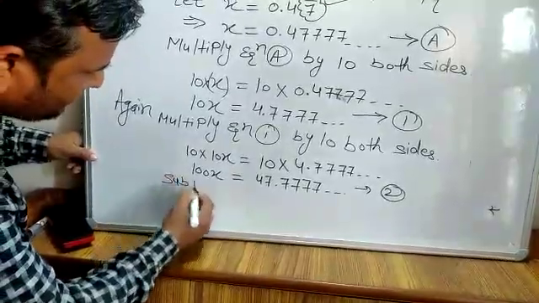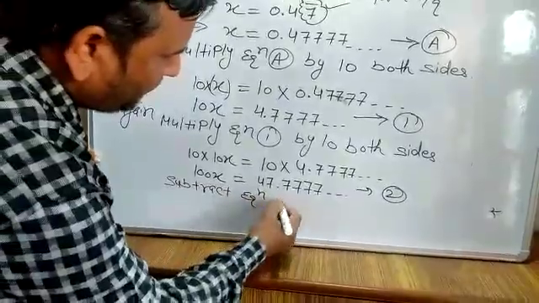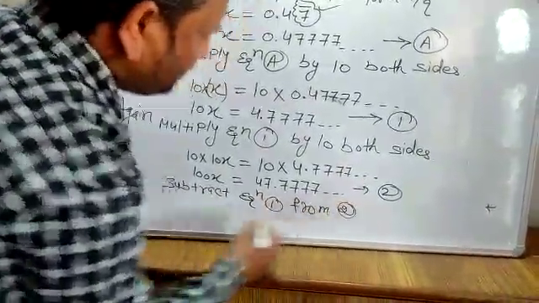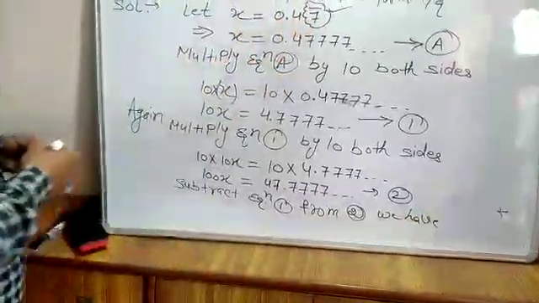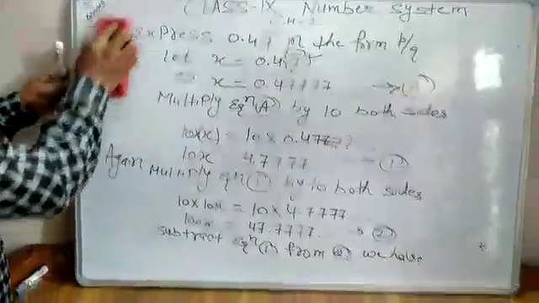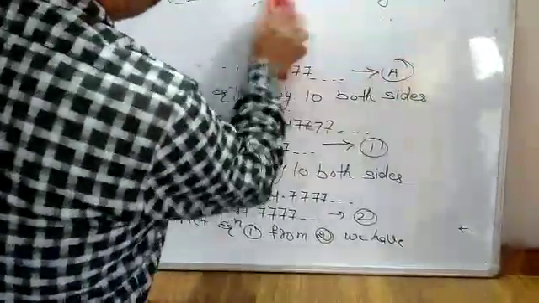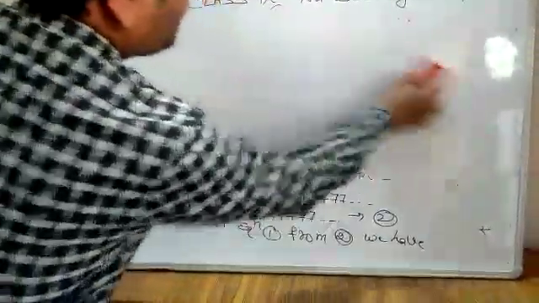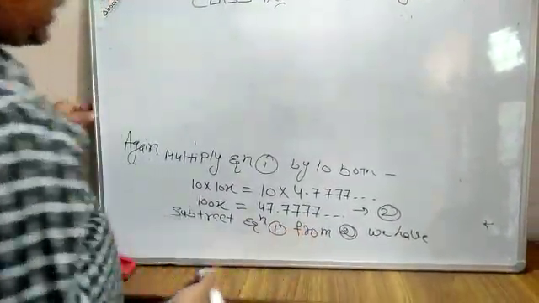Subtract equation 1 from 2. I require some space, so I rub this part. I hope you understand the previous. Subtract equation 1 from equation number 2.